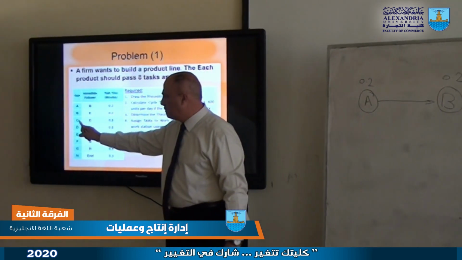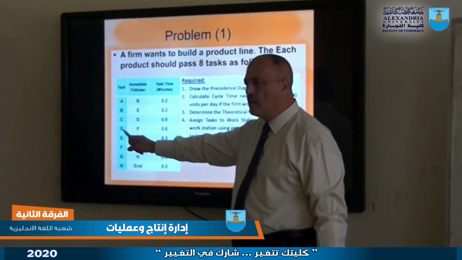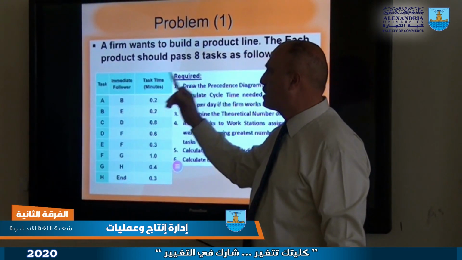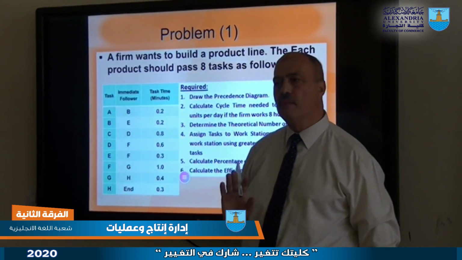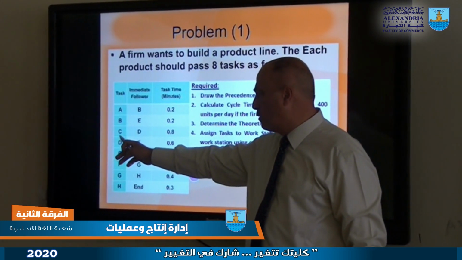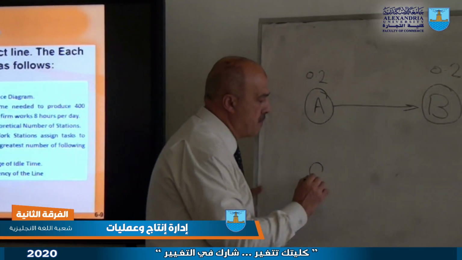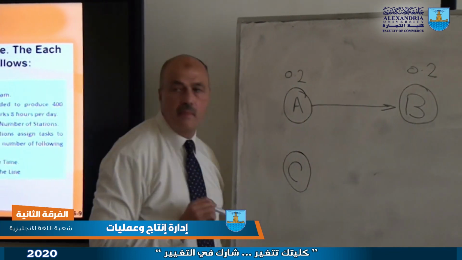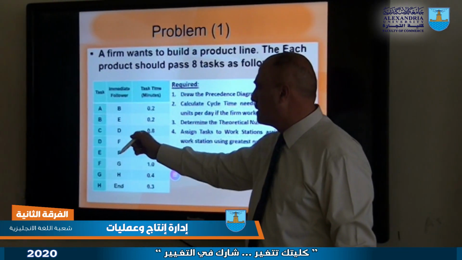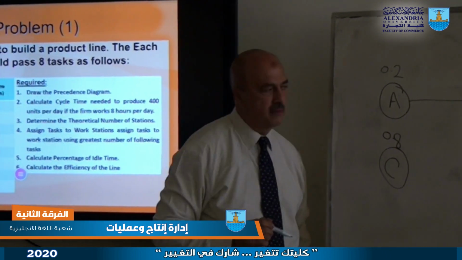So C hasn't any task before it. It looks like A. Since it doesn't have any predecessor, we can put C in the beginning also, like A. C needs 0.8 minutes to be performed.